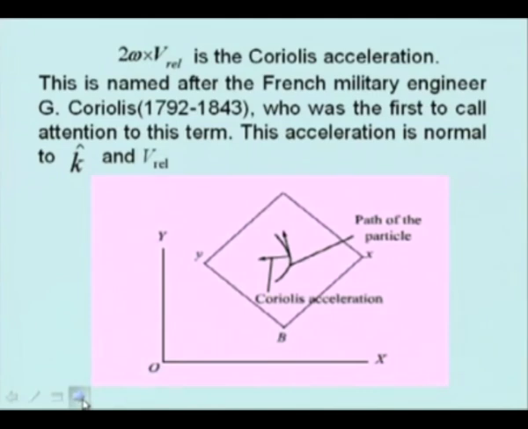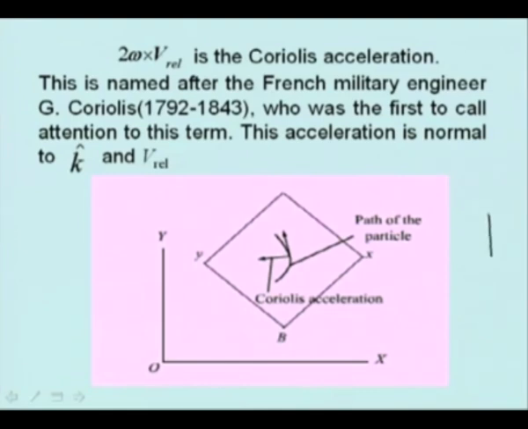So, if the path of the particle is like this and you have the relative velocity of the particle like this, rotate the relative velocity vector in the direction of rotation, give a 90-degree turn, and you get the direction of Coriolis acceleration.